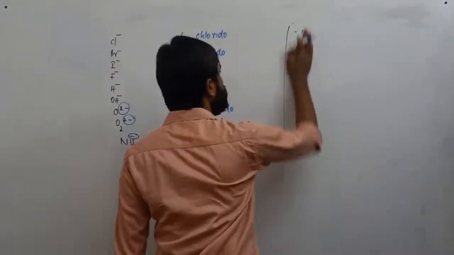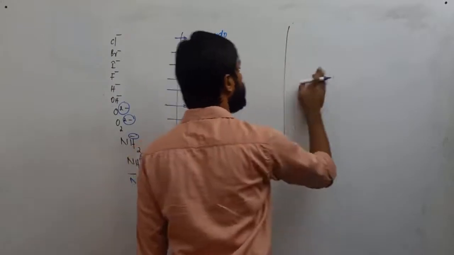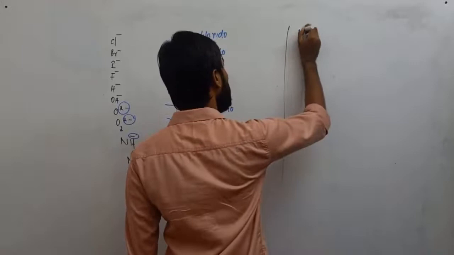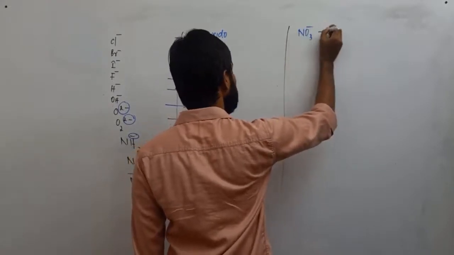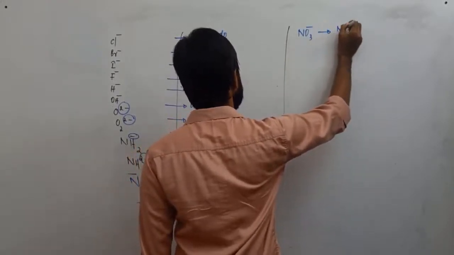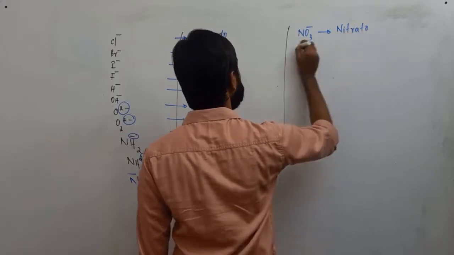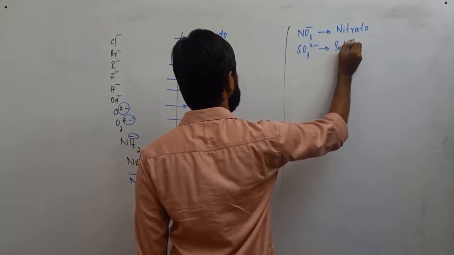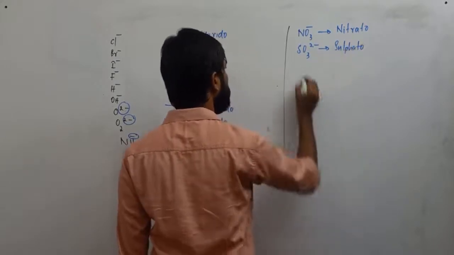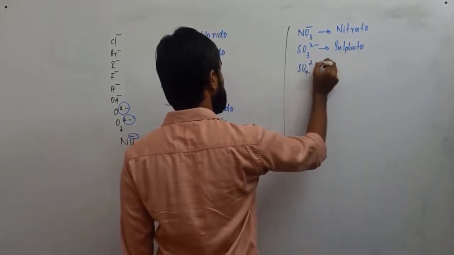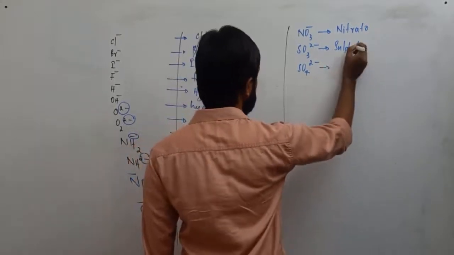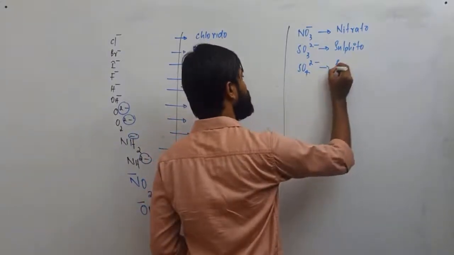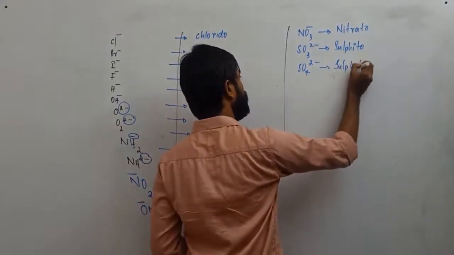I'll give you another. NO3 minus, nitrate, becomes nitrato. SO3 2 minus, sulfito. SO4 2 minus, sulfate, becomes sulfato.